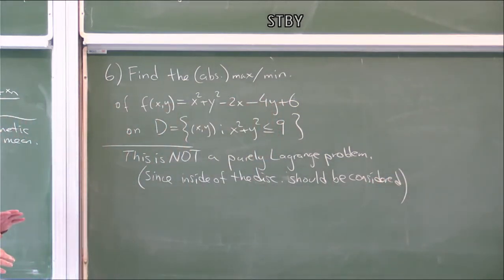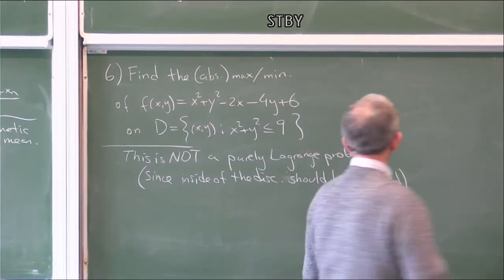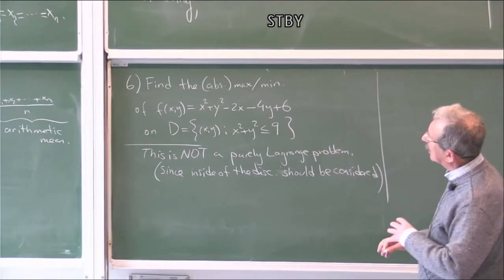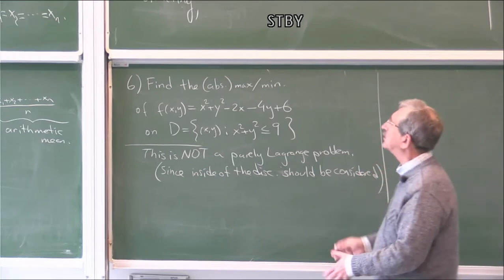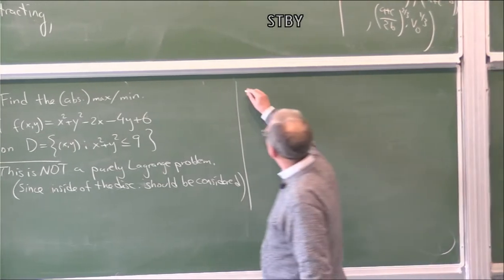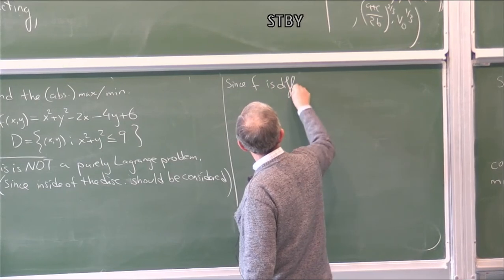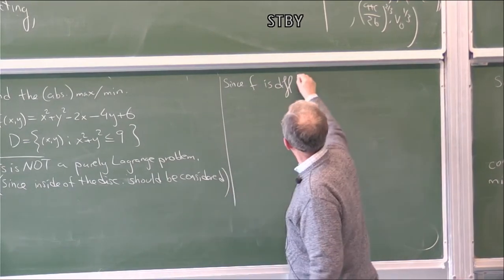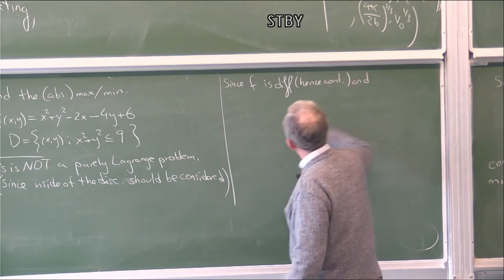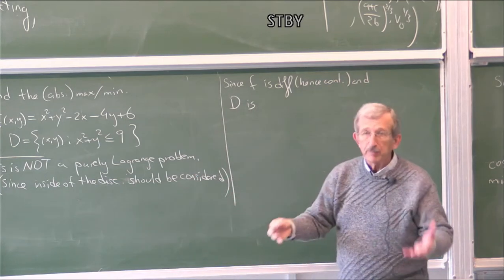Okay, so now let us recall our starting point when we discussed Lagrange, namely what we had. Well, firstly, we have a differentiable nice function, and the domain is closed and bounded. So, since f is differentiable, actually continuity is enough, hence continuous, and D is a closed disk, so it is closed and bounded.